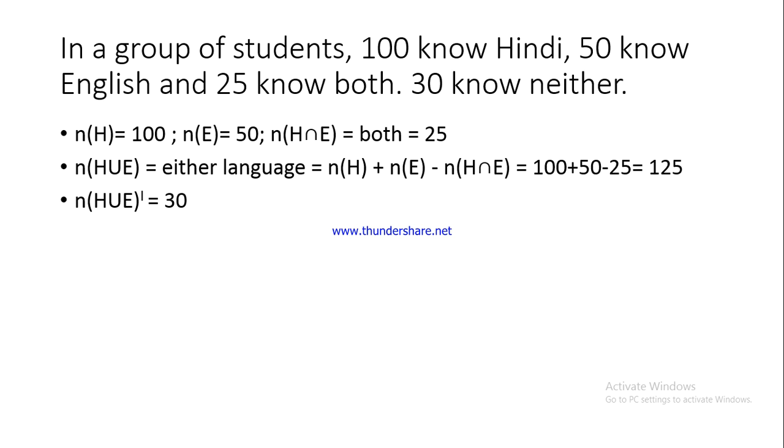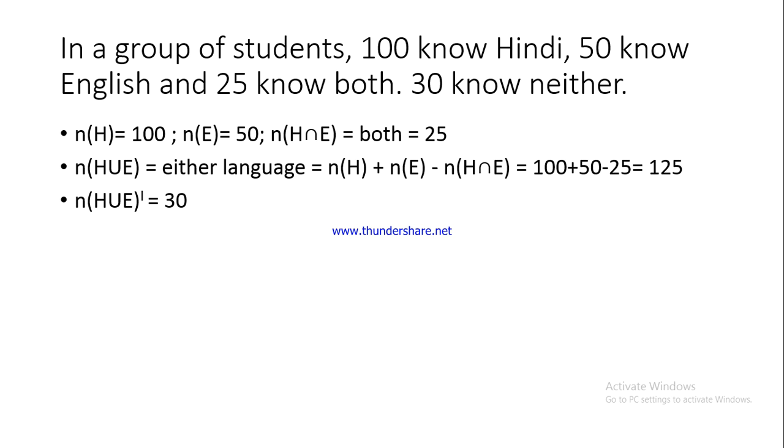Basically it only means those students who don't speak either Hindi or English, because H union E is those students who speak either Hindi or English or both the languages. So either of the languages somebody is speaking, then that particular student will be part of H union E. So if some students don't speak either of the languages, then naturally that should be the value of the complement of H union E, and that is being shown here.